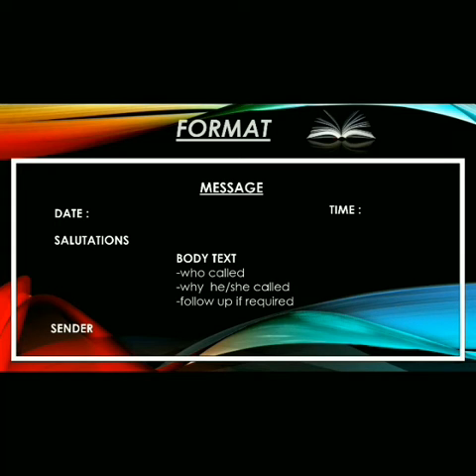For example, if we are giving this message to our mother or father, we can write dear mother, dear father, dear sister, etc. Then in between, we have to write the body of the message. It means whatever information you want to pass and to whom you want to give the information, what are the important or relevant things you have to mention, everything you will mention here.